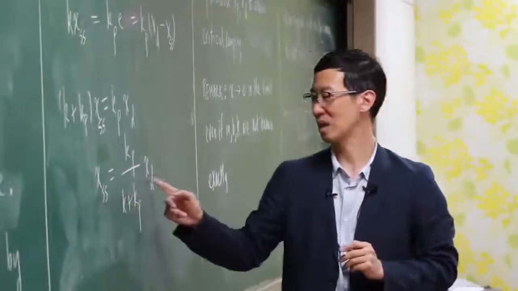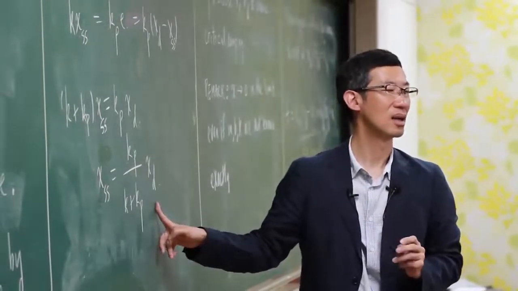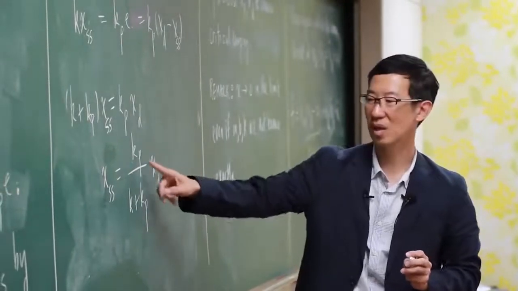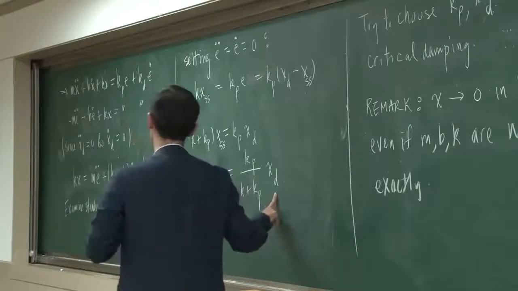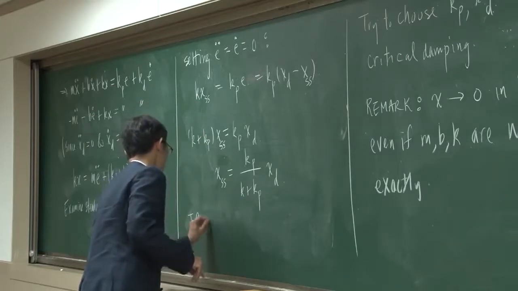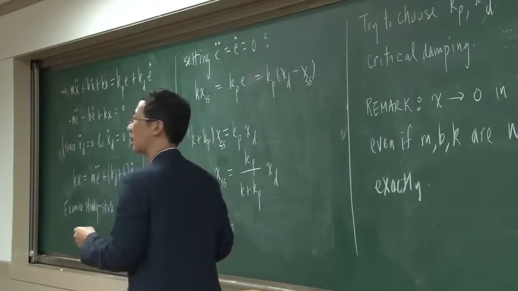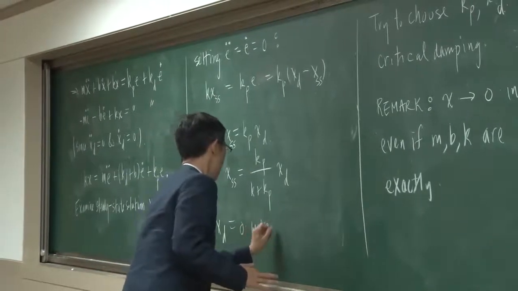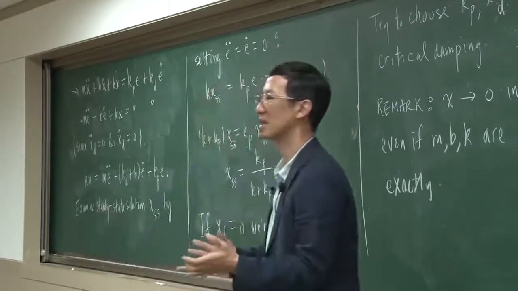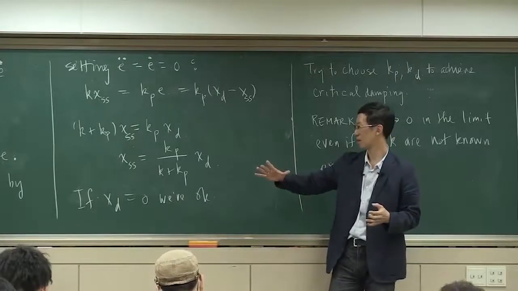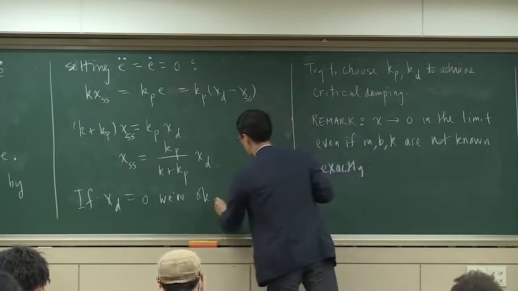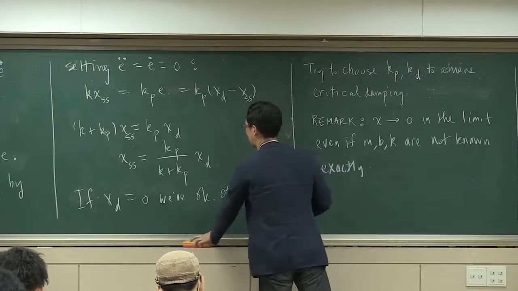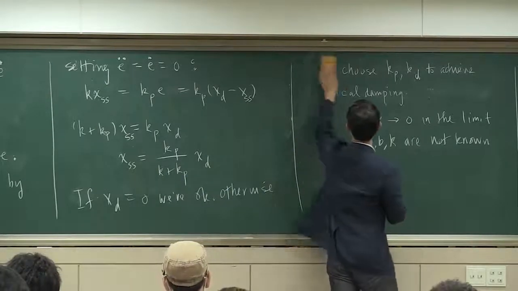We want this to be xd, right? We don't want it to be something else, but it could be something else. Now, if xd equals 0, we're okay. Otherwise, there's going to be some error. We have this steady state error, which is not good.